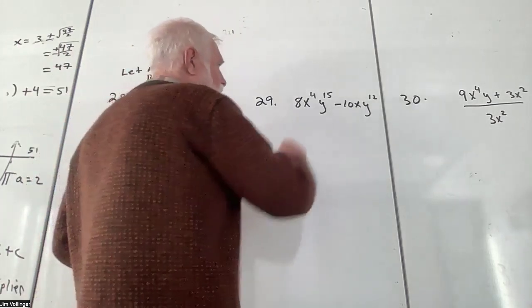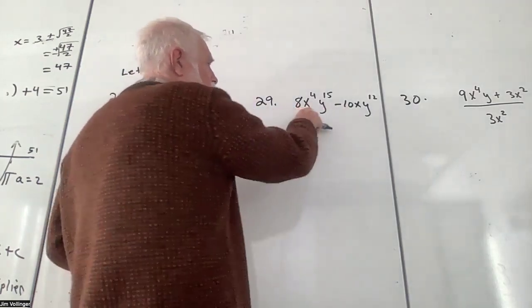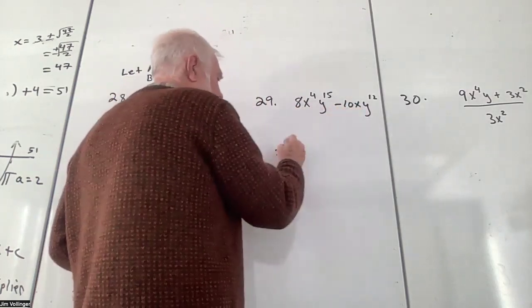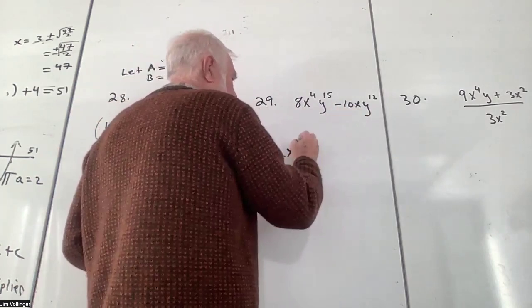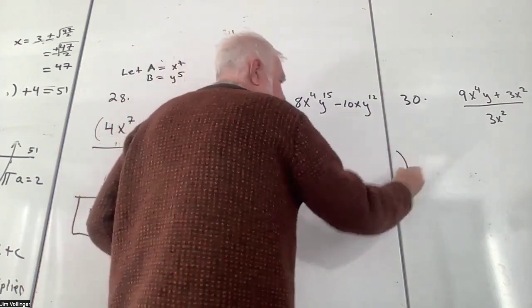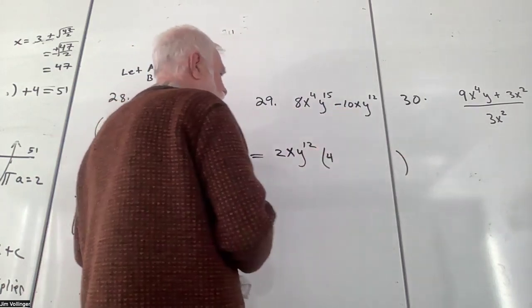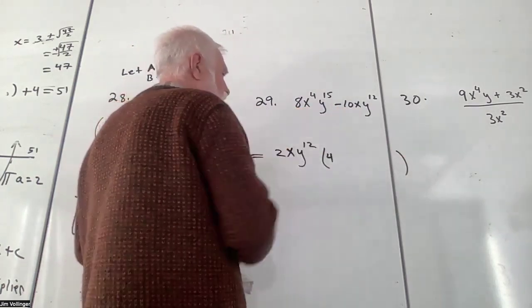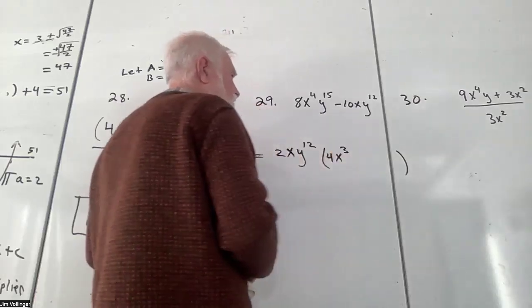So take out what's common. What do 8 and 10 have in common? 2. What do x to the 4th and x have in common? X. What do y to the 15th and y to the 12th have in common? Y to the 12th. Now we got to build it back up. 2 times what is 8? I think 4 gets that job done. X times what is x to the 4th? I think x cubed gets that job done.